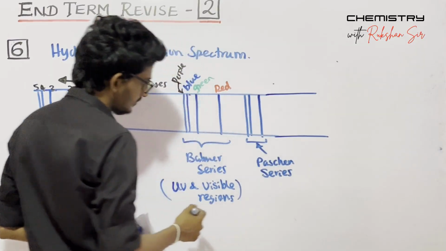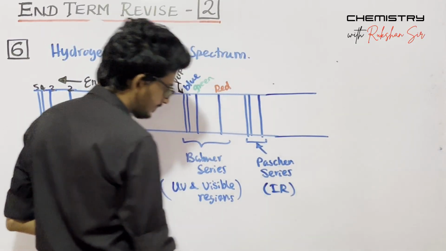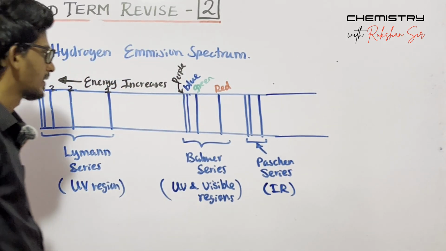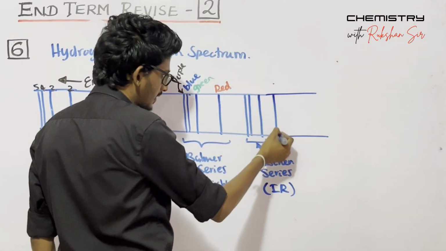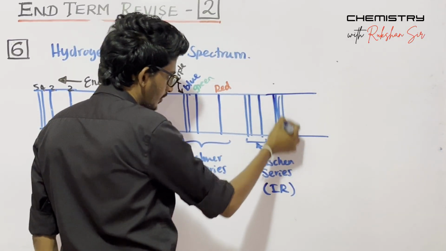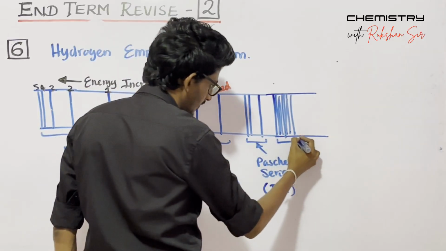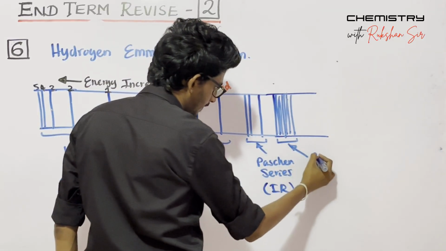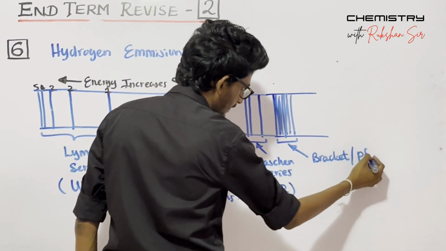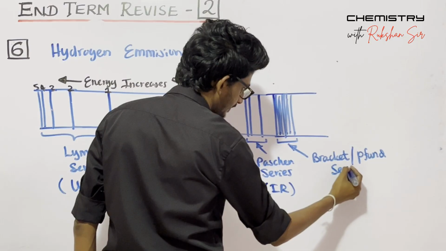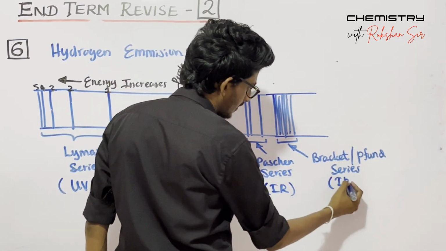So the Paschen series appears in the IR region. What about the Brackett and Pfund? We see the Brackett and Pfund series of lines get overlapped with each other. This is the Brackett and Pfund, which are also appearing in the IR region.